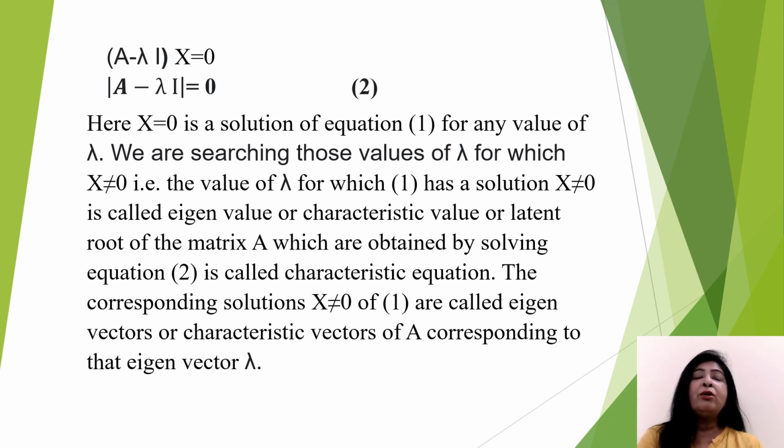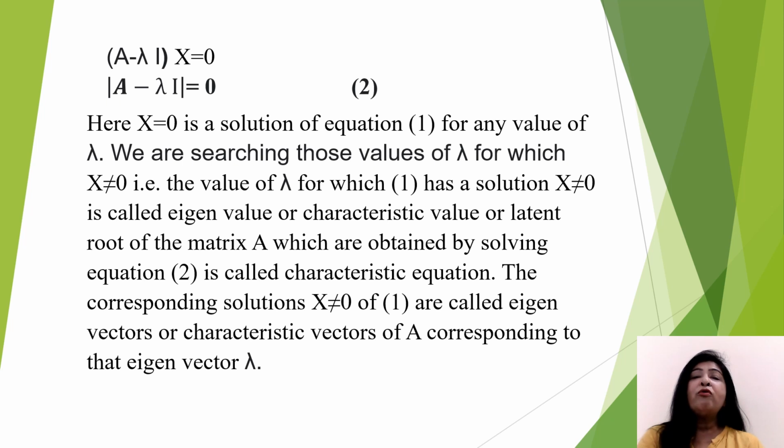In the equation (A − λI)x = 0, x = 0 is always a solution of equation 1 for any value of lambda. But we are searching for those values of lambda for which x is not equal to 0.